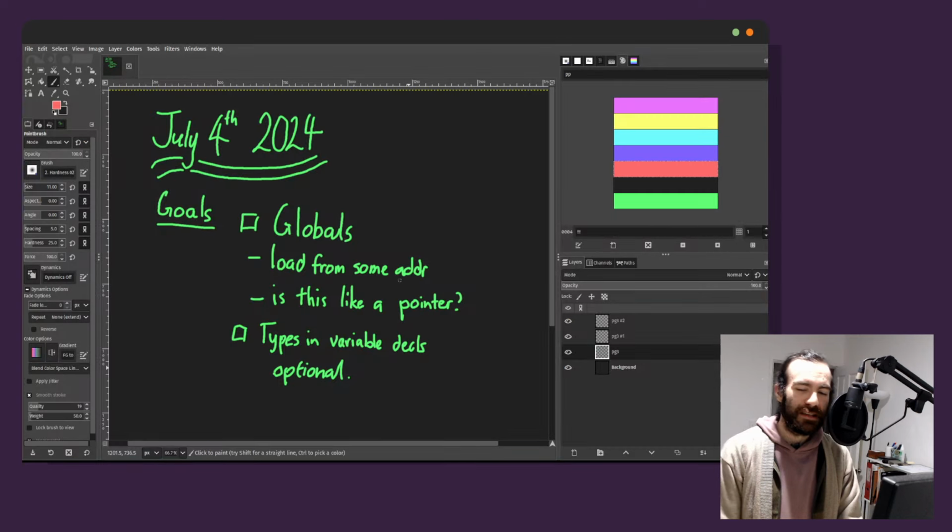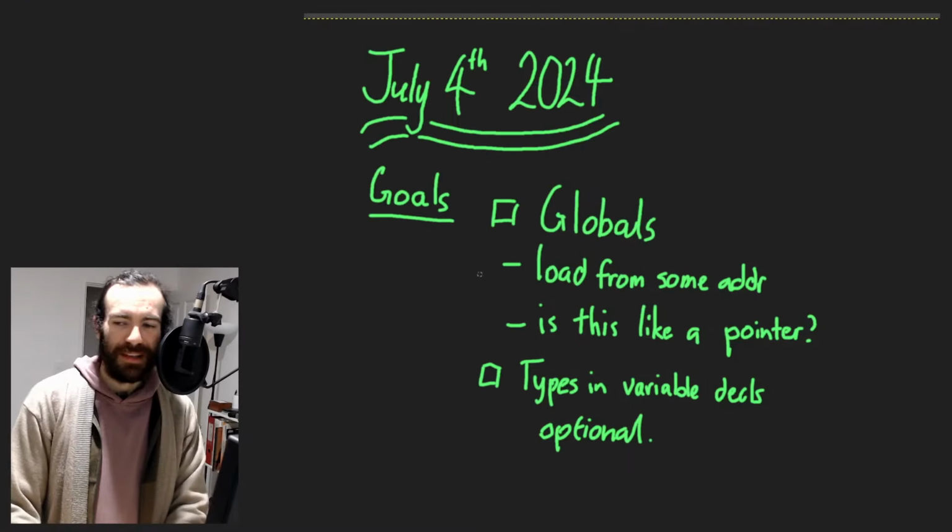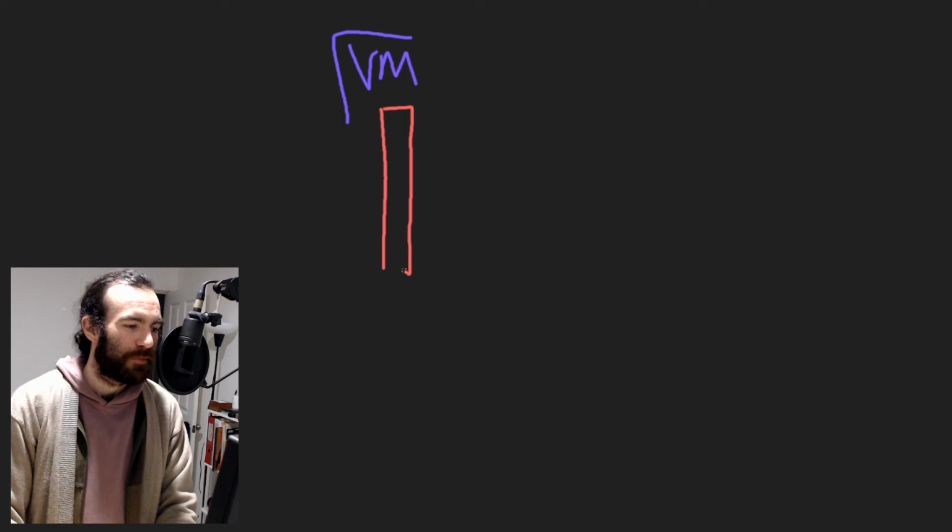Now, what is a global? Okay, what is a global? This is a good question. So let's say we have our program, and we have our VM. Our VM has a program that's running. So we have a section of memory, which right now starts at address 0. These are the bytes of our program.